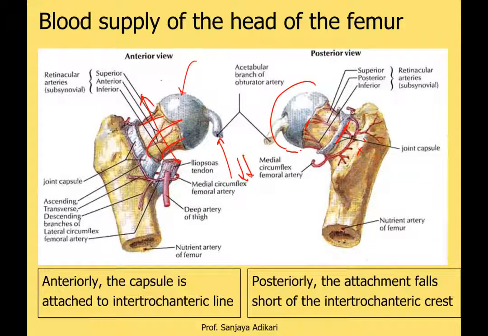If you fracture through the intertrochanteric crest, some of these blood vessels are left. You may damage some of the anterior ones, but the posterior ones are left behind, so you might not get avascular necrosis. On the other hand, with an intracapsular fracture of the neck, you will get avascular necrosis.